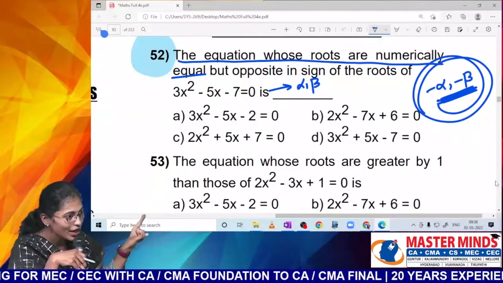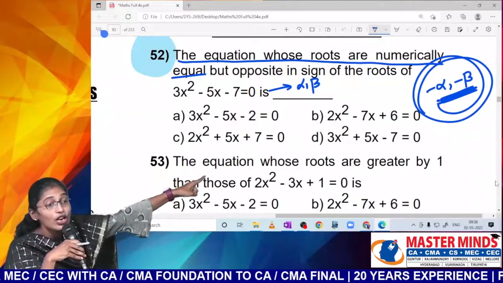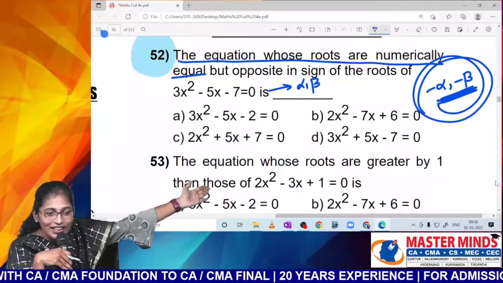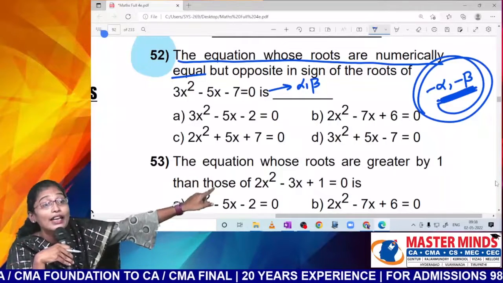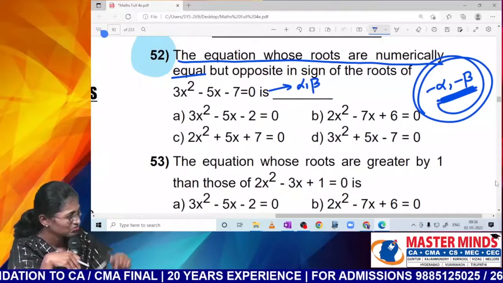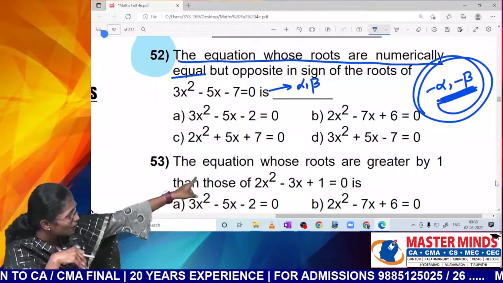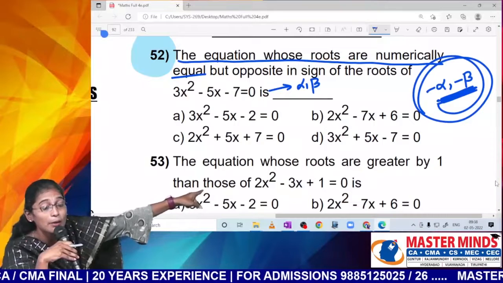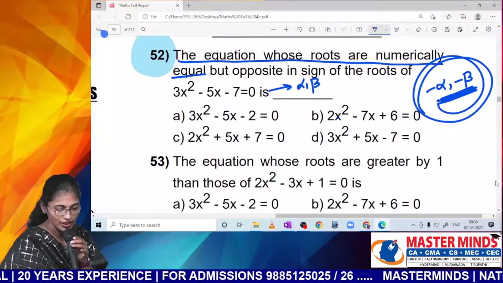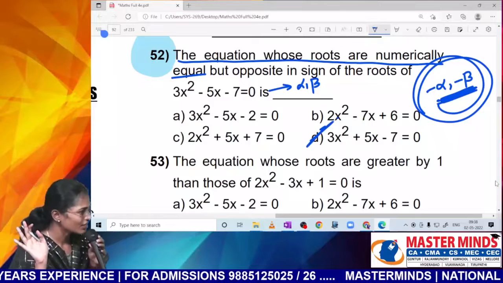Same product means what is the product of roots of the old equation? Don't you know the formula for alpha beta? C by A. Tell me what is C by A. Please verify with your options and tell me for which equation you got minus 7 by 2. Option B. No formula or anything is required.